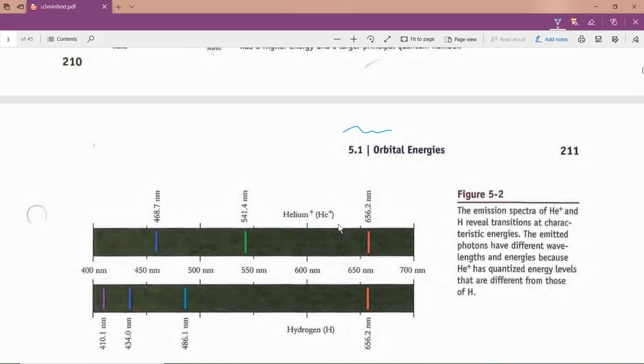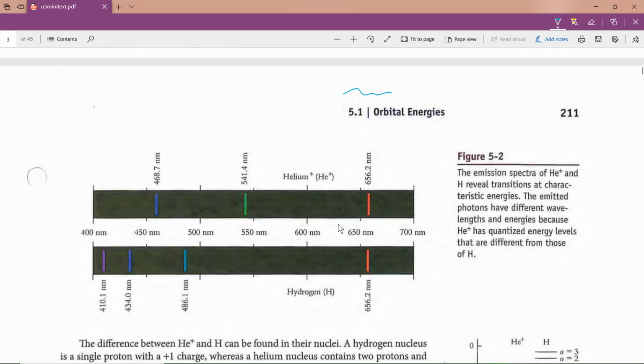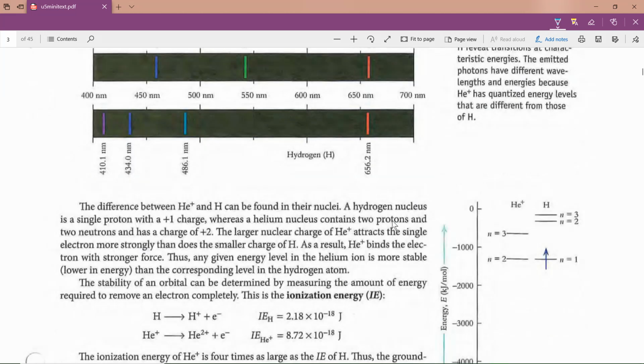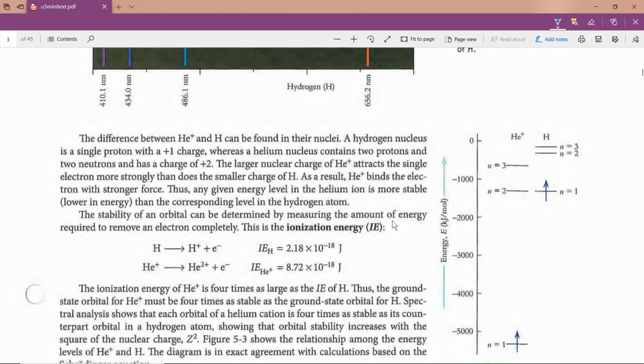We have some review here on emission spectra. Helium plus, which just has one electron. It's a little bit different than the hydrogen. The emitted photons have different wavelengths and energies because the helium plus has quantized energy levels that are different from hydrogen, right? Helium plus is going to be slightly different than hydrogen because it's got two protons and one electron as opposed to one proton and one electron.